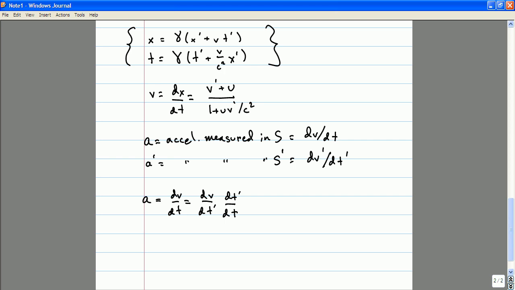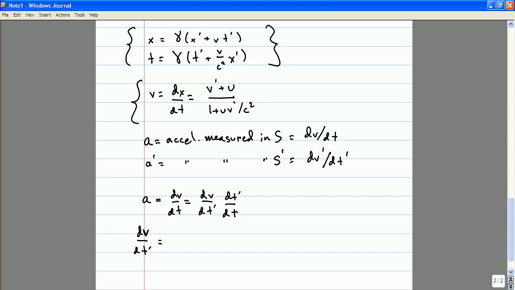All I'm doing here is changing my dependent variable from t to t prime. So how do we compute that? Well, that's the product of two terms. The first of which, dv by dt prime, is found by taking the t prime derivative of that equation there.